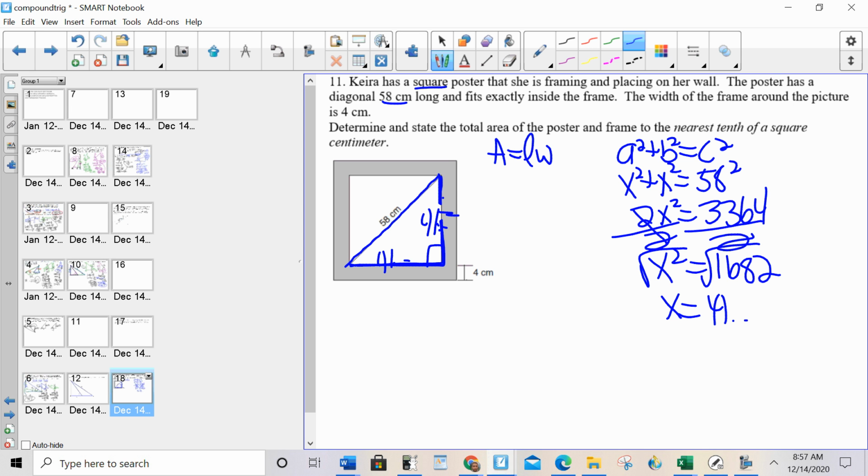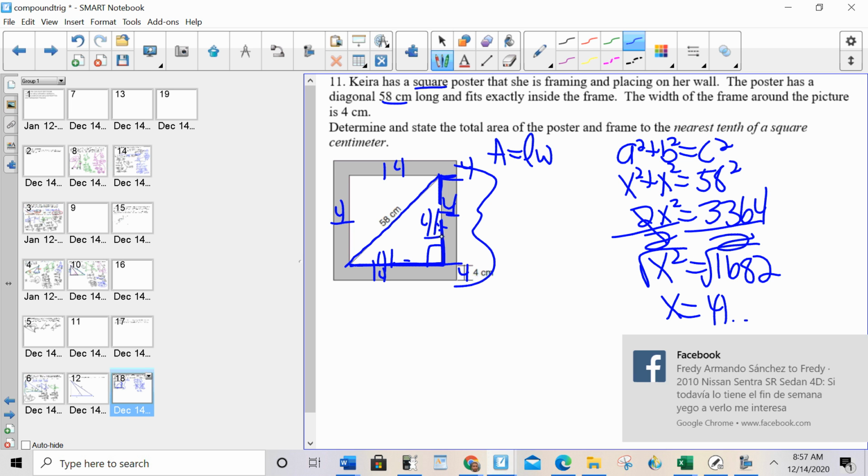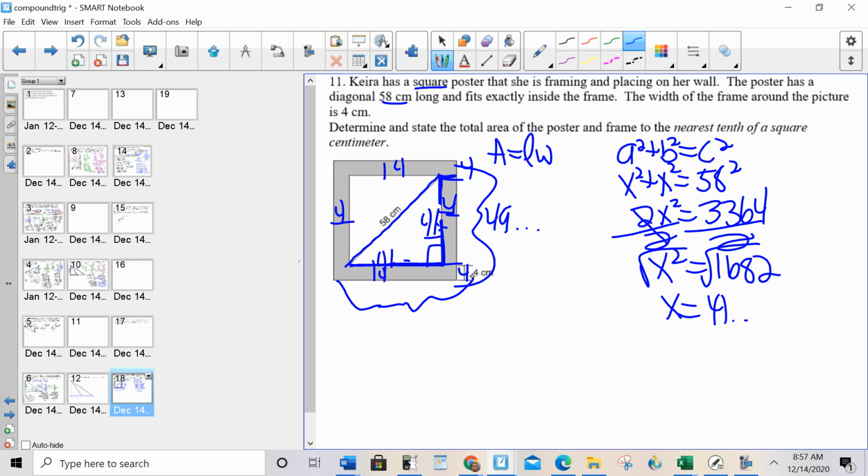Since the width of this frame is 4, then that's 4 and that's 4 and that's 4 and that's 4, which means this whole thing is going to be 4 plus 4 plus 41. So it's going to basically be 41 plus 8, which is 49 point something, and the same thing here.